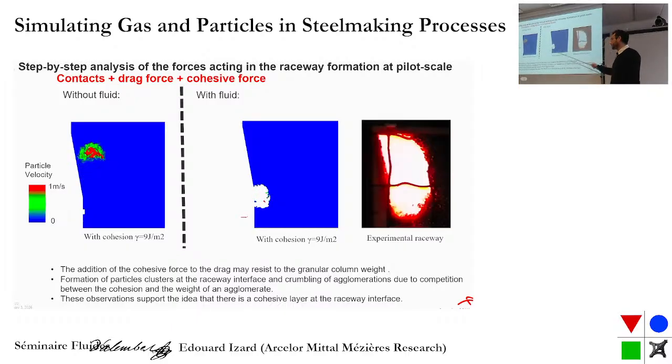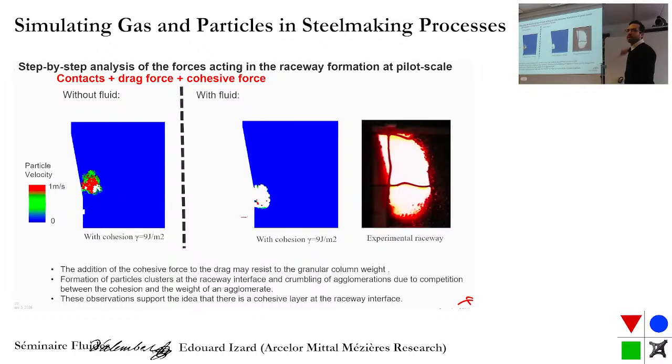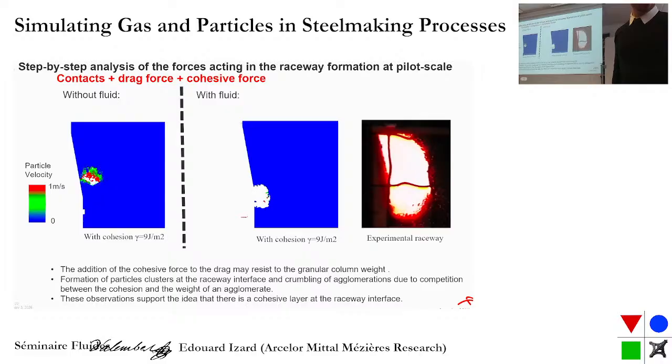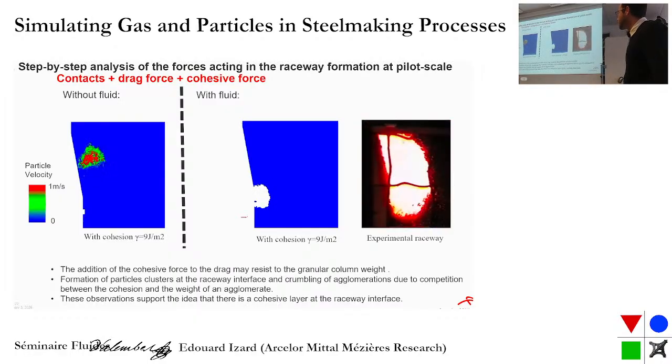So it means that there is a balance between the drag force, the cohesion, and the contact forces in this system. And also, if you look at the collapse here, it looks quite vertical as in the experiment. So we think it's something relevant.